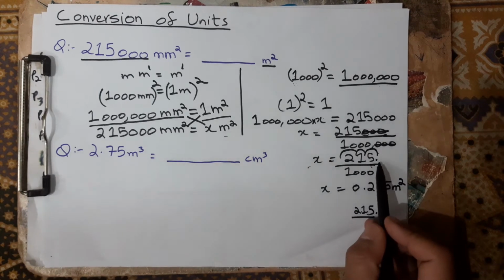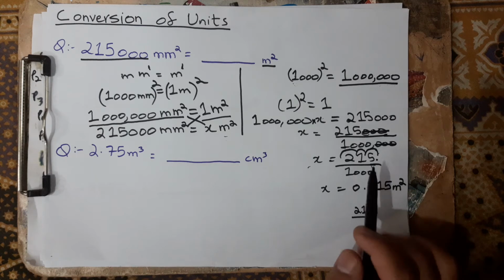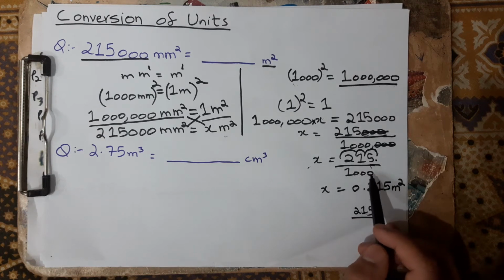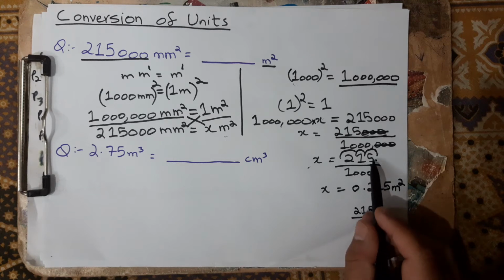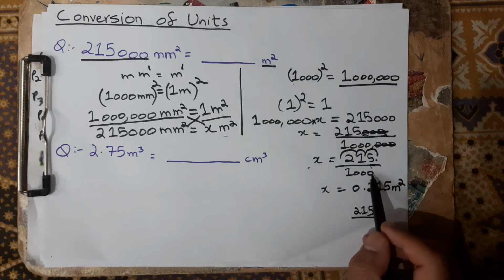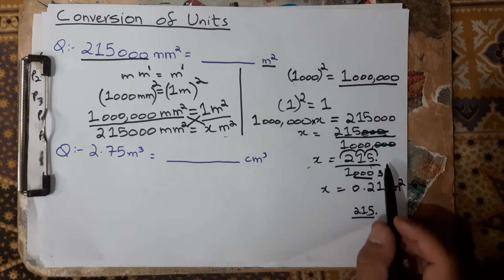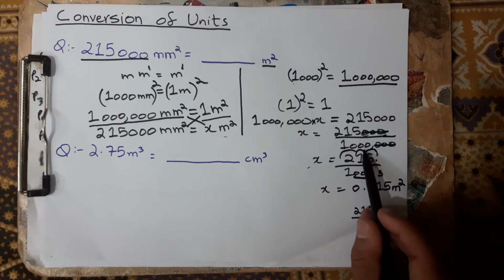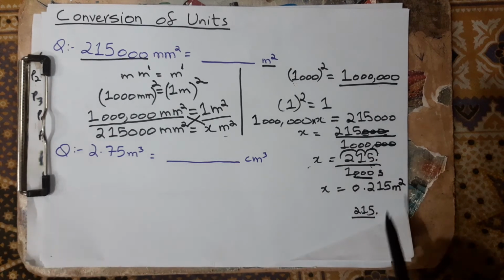So here if we take that decimal after 5, and then we divide 215 over 1000, due to the presence of these 3 zeros, the decimal will move 3 decimal places backwards.